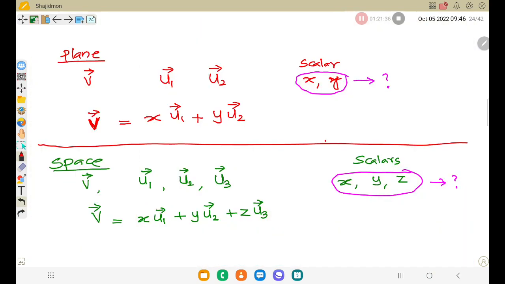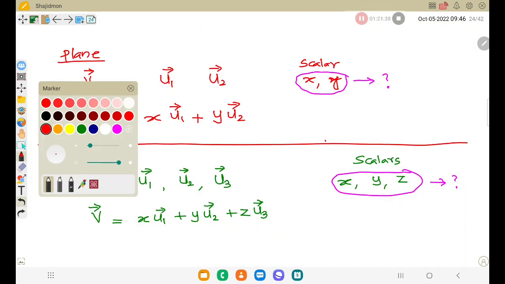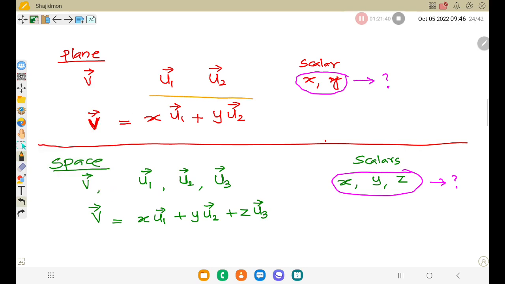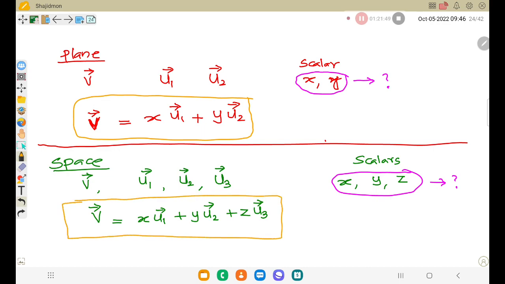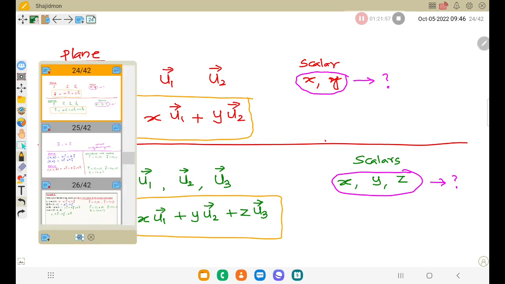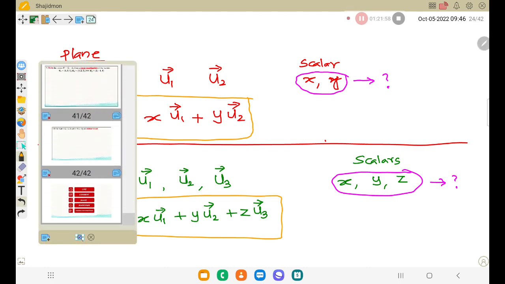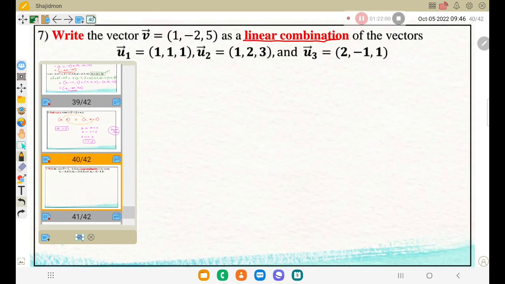Remember this idea. For the plane, vector v equals x multiply vector u1 plus y multiply vector u2. In space, vector v equals x multiply vector u1 plus y multiply vector u2 plus z multiply vector u3. Correct? So we can approach this question using that.